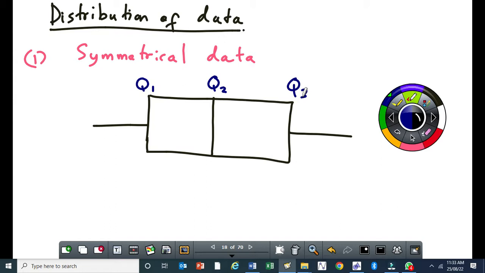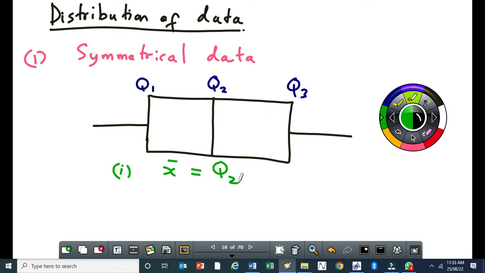Now, if the data set is symmetrical, what that means is we can explain it in terms of the quartiles, or we can explain it in terms of the mean. So the first scenario is the mean. If this is the case, it means your x bar will be equal to Q2.